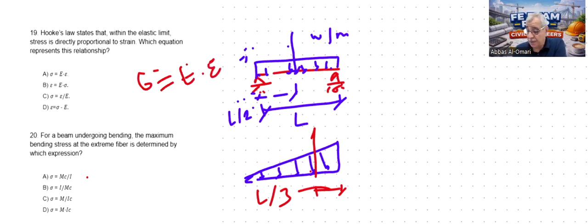This is known as Hooke's law. So the answer is A, sigma equals E epsilon.